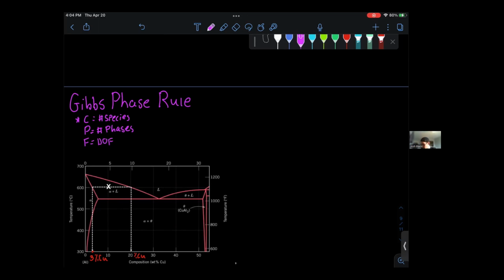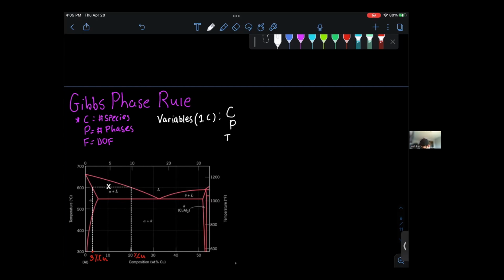If we were to have a phase diagram that only has one species, we would have changing variables of pressure and temperature. So if we were to write our variables for one composition, we would have our C. We would have our P variable for phases, which is our number of phases.